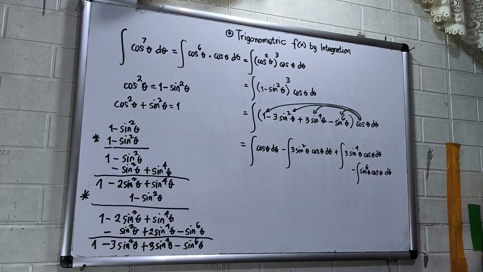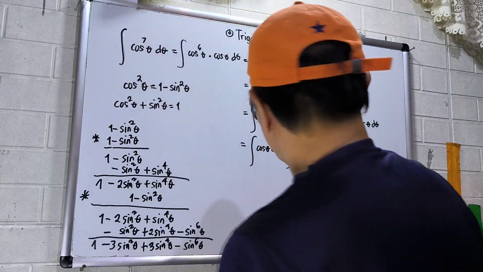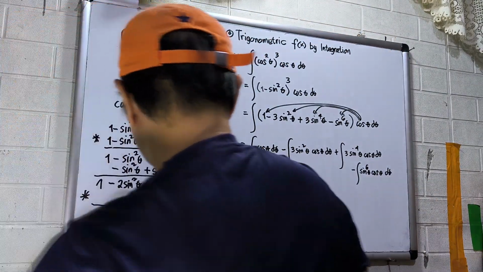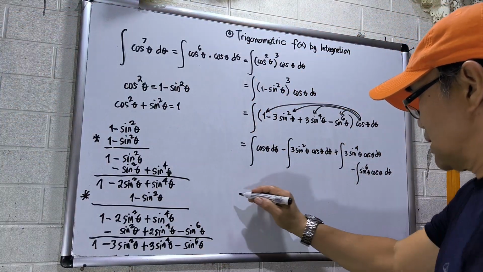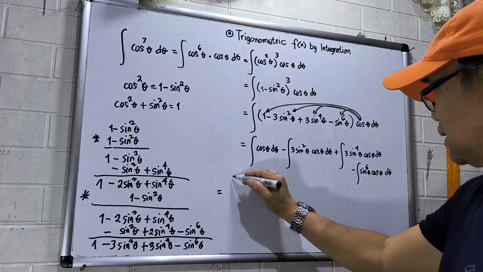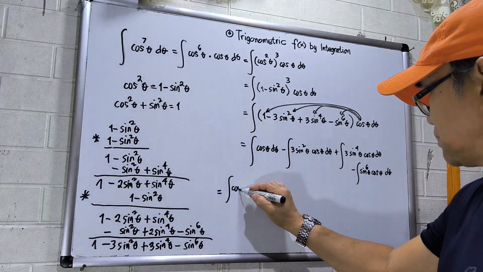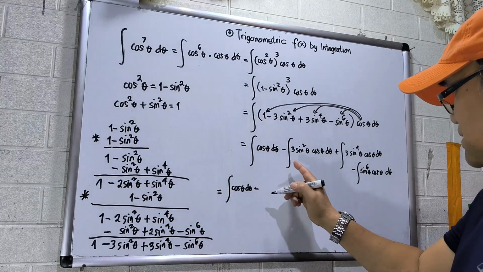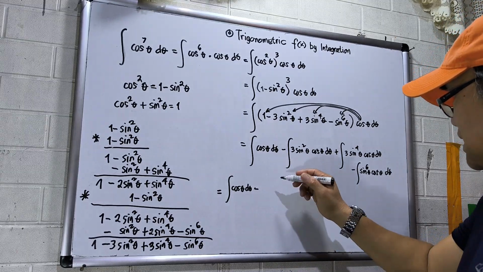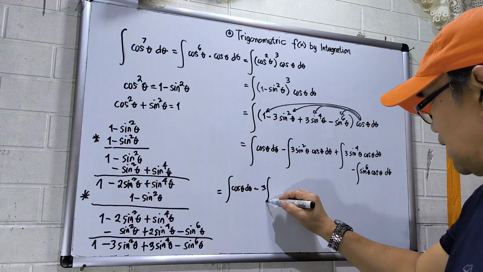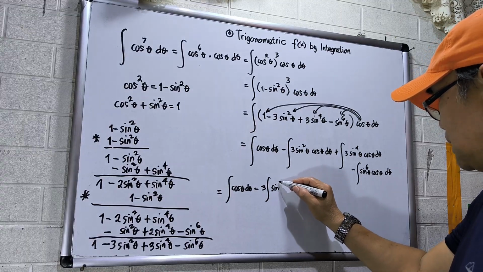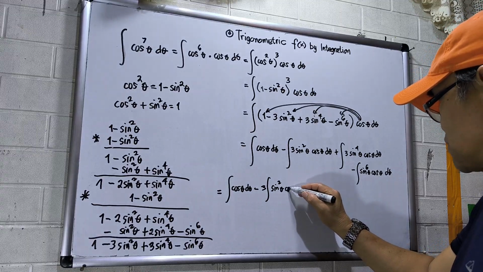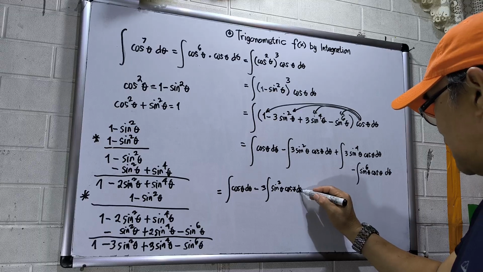Okay? So I will write in here to make it exact. So this will be the integral of cosine theta d theta. Then this will be minus. I will place this one outside because this is a constant, 3 integral of sine squared theta cosine theta d theta.